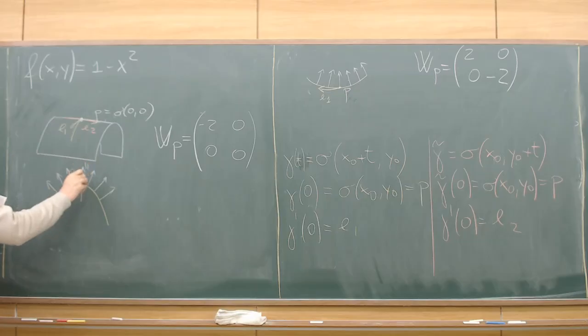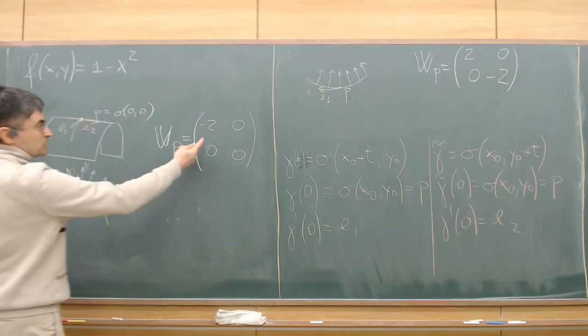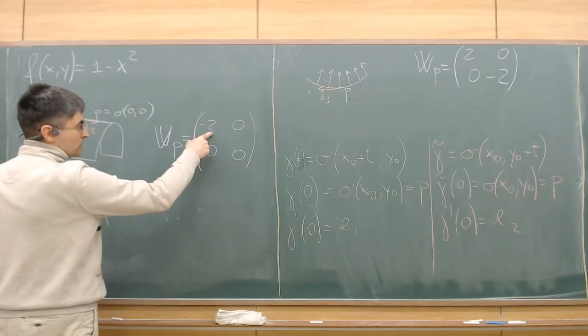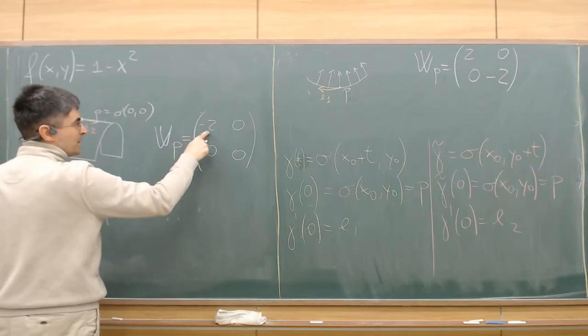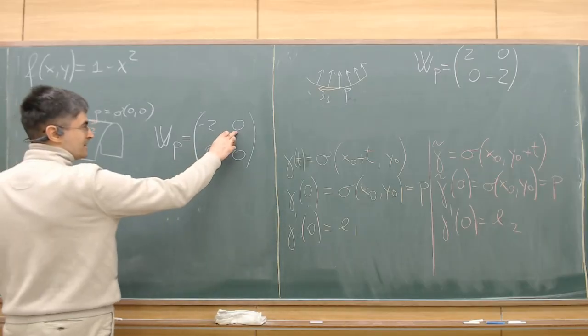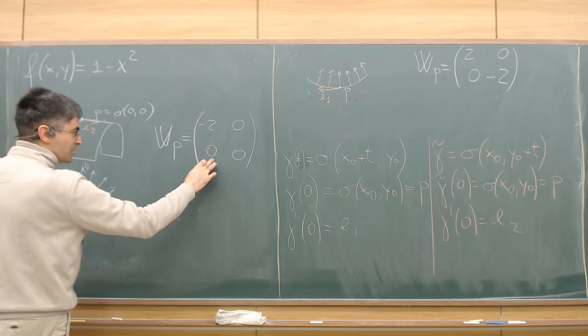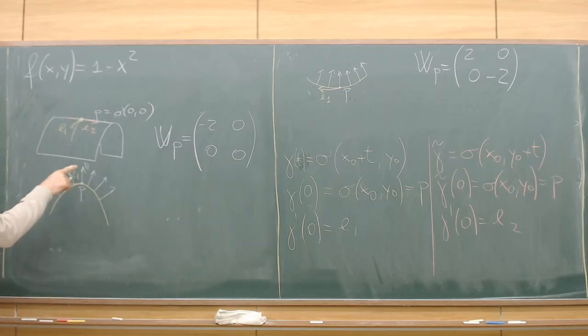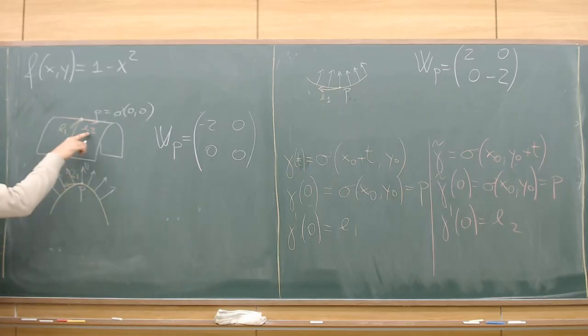N also in this case belongs to the plane spanned by N at P and E1. The corresponding entry of W_P is negative, and the reason why there is a 0 here is that N belongs to the plane spanned by E1 and N at P, and it has no component along E2, which is orthogonal to the blackboard.